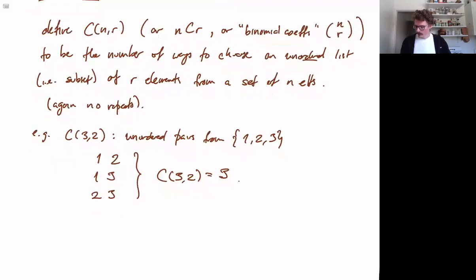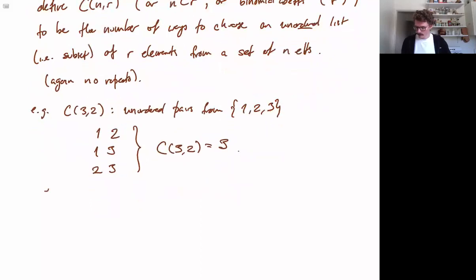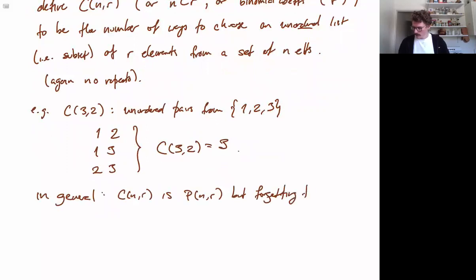So in general, as I had emphasized a couple of times, C(n,r) is basically the same as P(n,r), so it's essentially a permutation, except that you are forgetting the order of the elements.